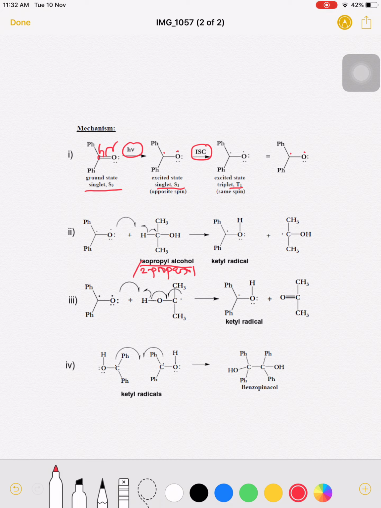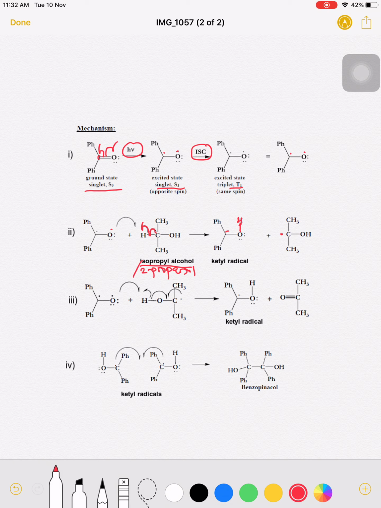So splitting takes place, and this oxygen radical abstracts this hydrogen. Here is the hydrogen on the oxygen, and the isopropyl alcohol is converted to a new radical molecule.